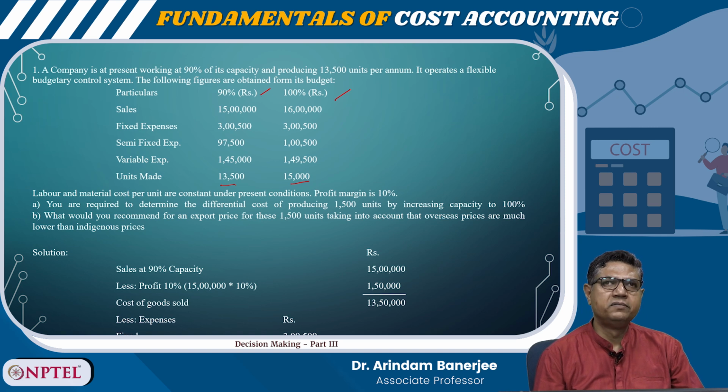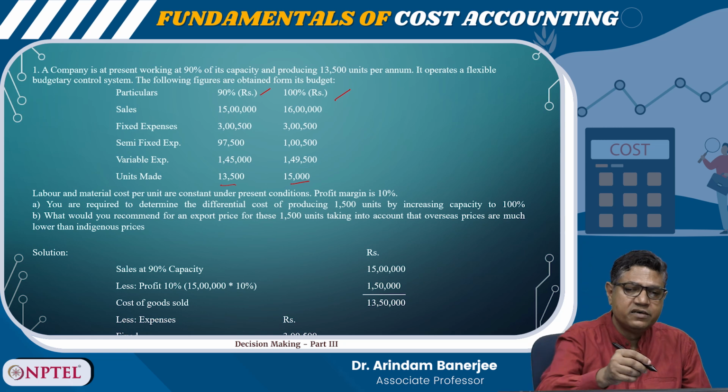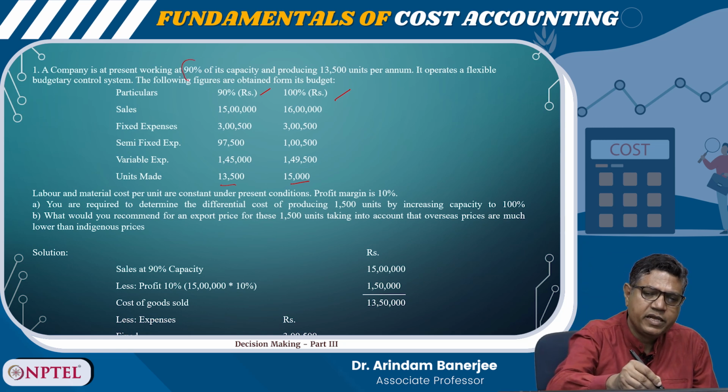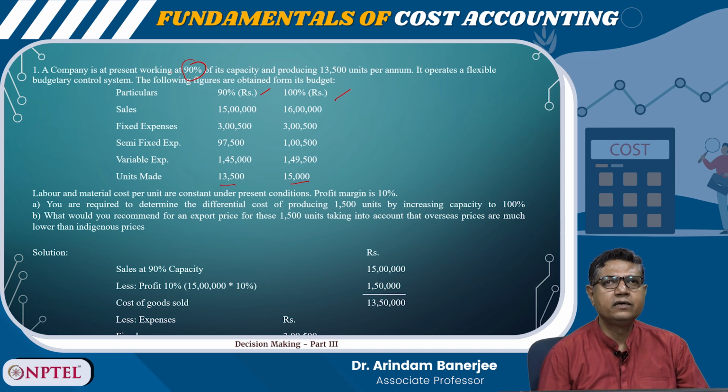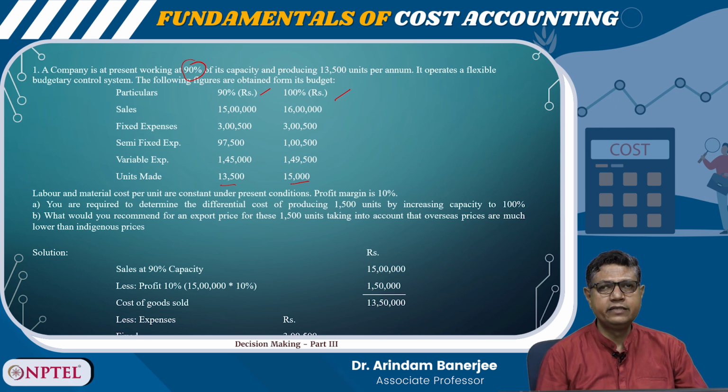The first important point is the company is currently working below its full capacity. It is working at 90% and it is producing 13,500 per annum. That means 100% capacity is around 15,000 units. And for these two levels, 90% and 100% capacity, the sales, fixed expenses, semi fixed expenses, variable expenses and units made are given.